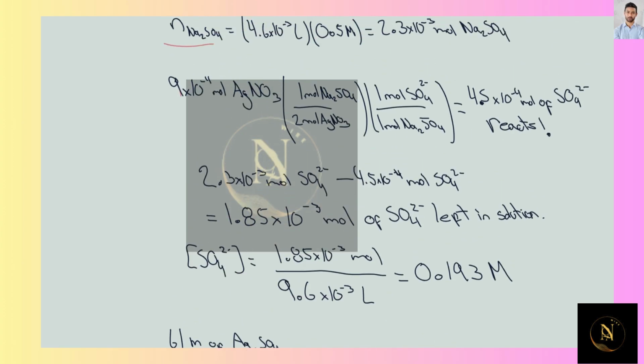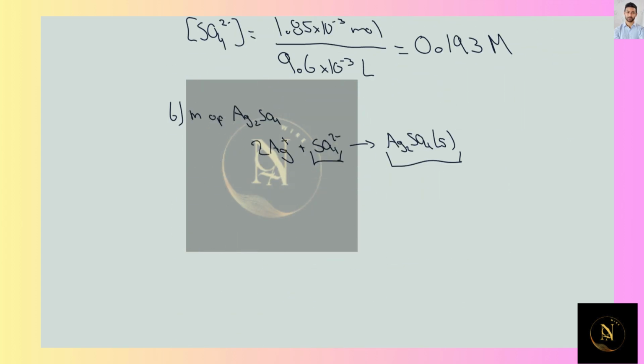I'm going to take the amount of sulfate that reacted, so 4.5 times 10 to the minus 4 mole of sulfate, which corresponds to the same relationship. 1 mole of sulfate corresponds to 1 mole of silver sulfate.